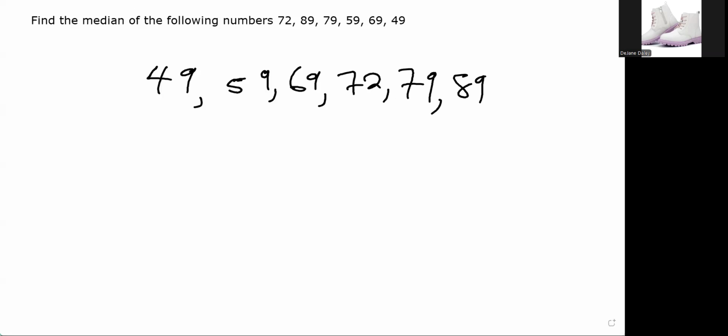So first I found the ones that are in the middle, which is 69 and 72, sir. Then I add both numbers. 69 plus 72.